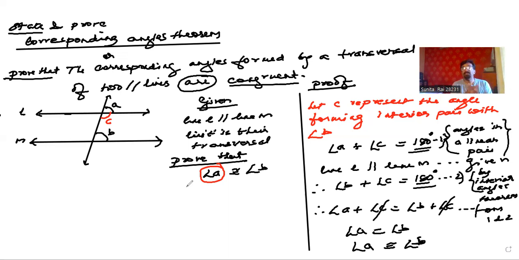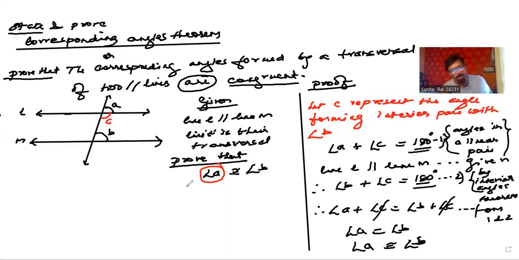Got it? Now, what is this interior angles theorem? If a transversal cuts two parallel lines, then the interior angles are supplementary. Whenever you see parallel lines, interior angles are supplementary. Then after that, I taught you the alternate angles theorem.